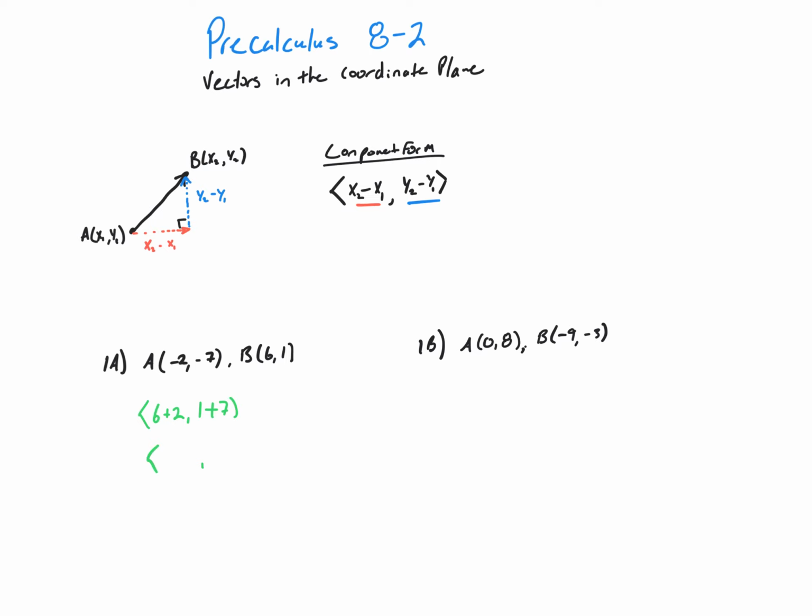So it's going to be 8, 8. That's my answer. We can go into another one, it won't take long. So this is going to be negative 9 minus 0, so just negative 9. And then negative 3 minus negative 8, so it's going to be negative 11. And there you've just written those in component form.